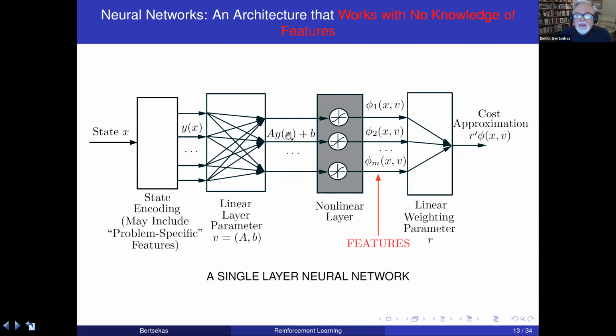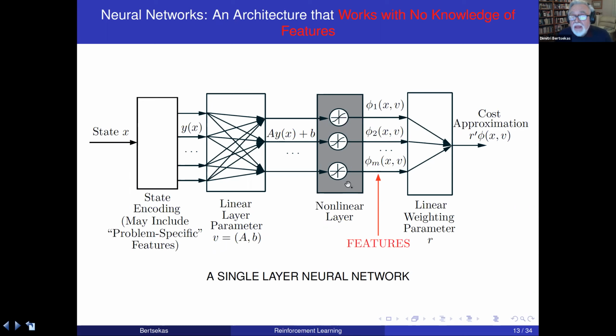Now, here there is a vector coming out, perhaps of different dimension than this one, but this vector goes through nonlinearities, a layer of nonlinearities. Single input, single output, scalar input, scalar output from the nonlinearity. And of course, the output of the nonlinearity depends on X, but also depends on A and B, right? So let's call V the combined vector of the matrix A and the vector B.